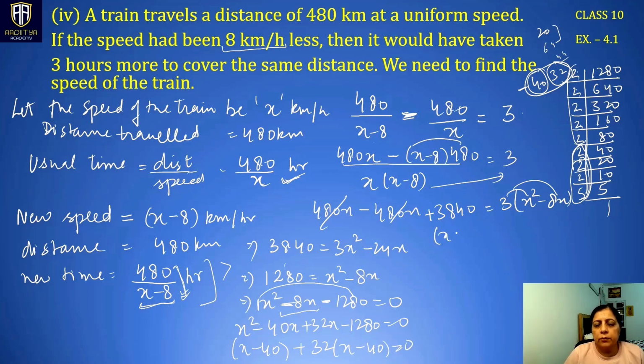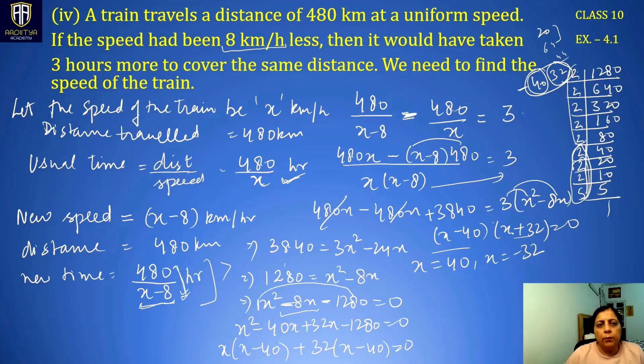The factorization becomes x minus 40, x plus 32 is equal to 0. Now equating these two factors to 0, we get x as 40 or x as minus 32.